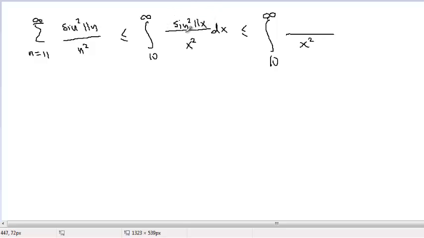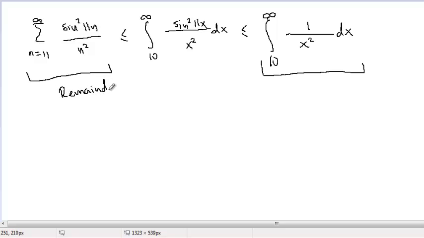What's the largest possible value for sine? Sine can be at most 1, so sine squared will be at most 1 too. So I get 1 over x squared dx, right? Okay, so this improper integral is easy to take, and also it is bigger than this remainder term, this error term I have at the beginning. So let's go ahead and compute this improper integral. We have done many of them already.